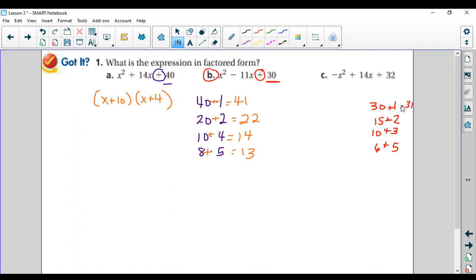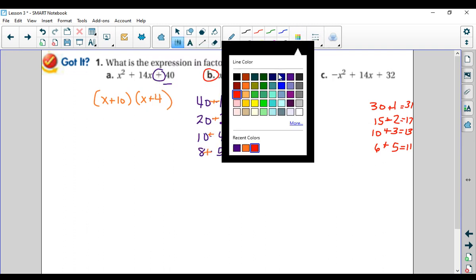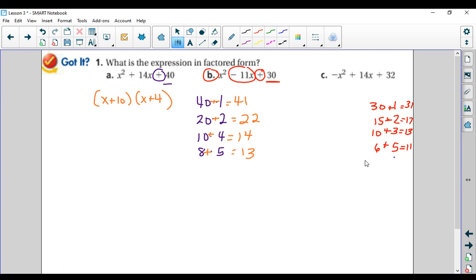That gives me 31, 17, 13, and 11. So I'm looking for a negative 11. Positive 6 plus positive 5 is positive 11. But if I take negative 6 and add it to negative 5, that gives me negative 11. So both signs need to be negative.